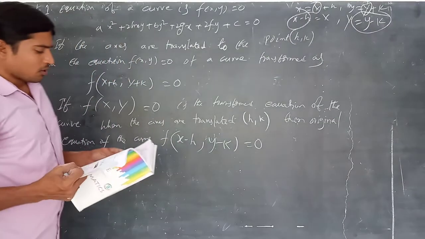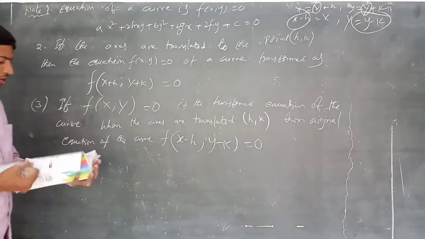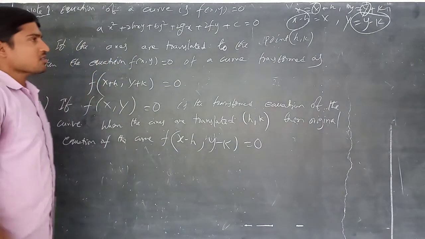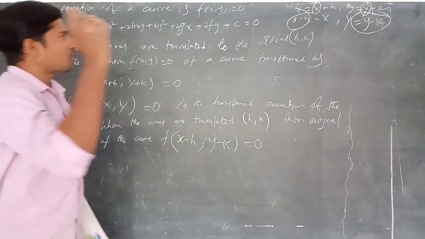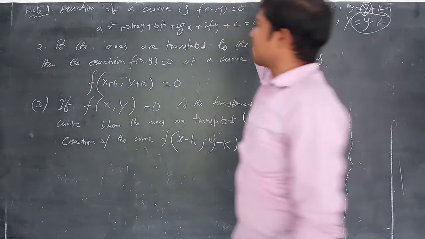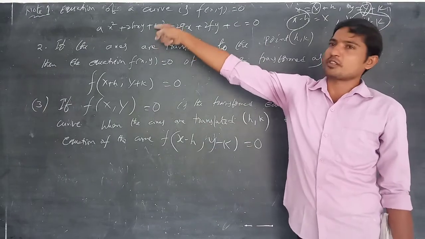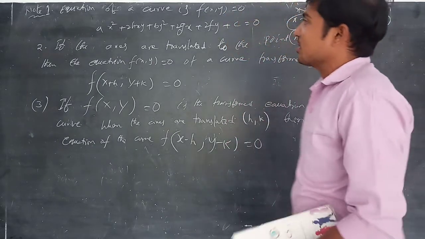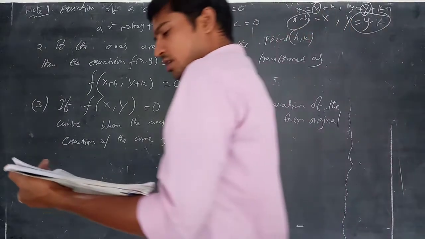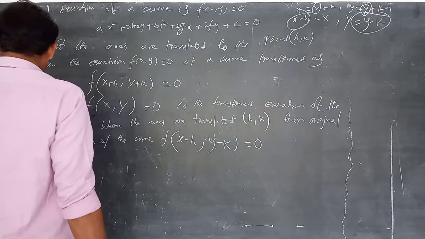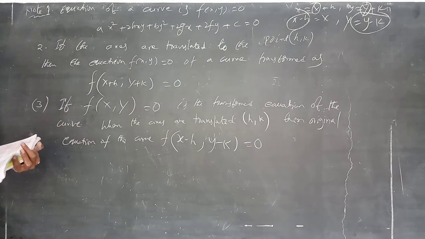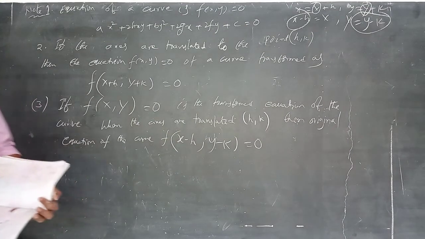The next thing is the point to which the origin has to be shifted to eliminate the x comma y terms. See, the equation of a curve, you have to remember always, is ax square plus 2hxy plus by square plus 2gx plus 2fy plus c equal to 0. The origin is shifted to some other point to eliminate the terms x and y.